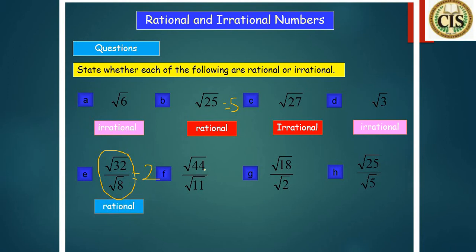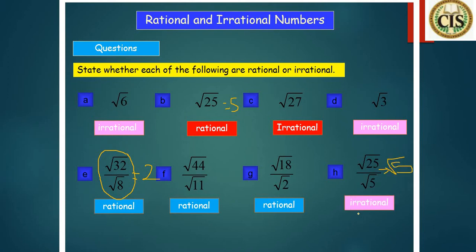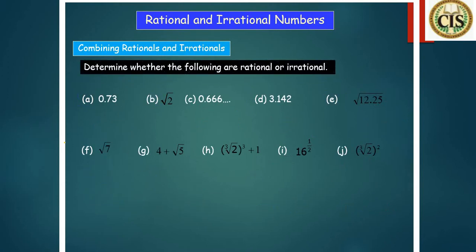Simplify √243 over √11 first, it will be a rational number. Simplify first √18 over √2, it will be a rational number, and so on. √25 equals √5, so it will be an irrational number.